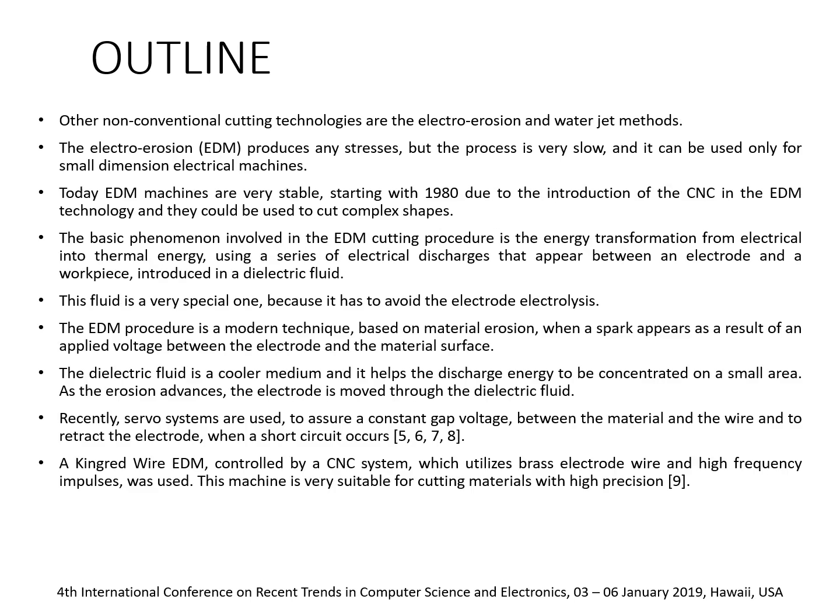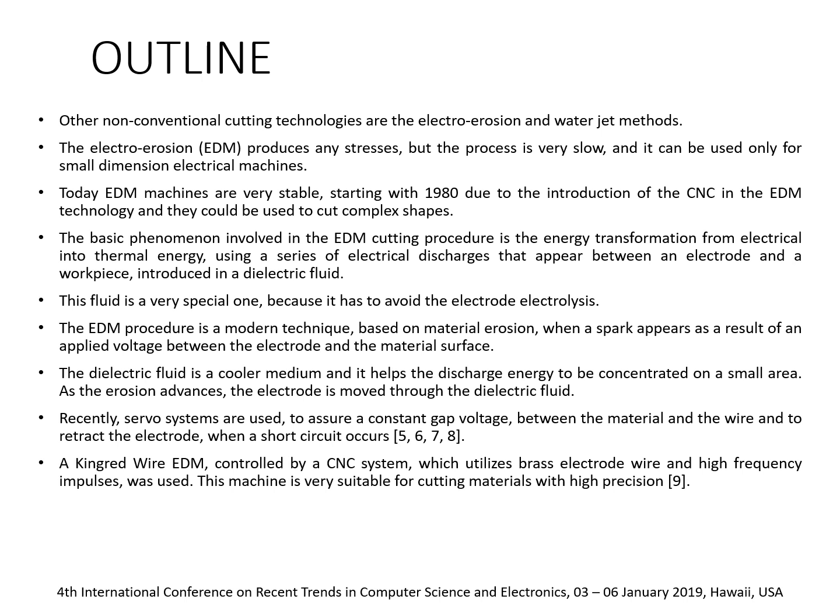Other non-conventional cutting technologies are the electroerosion and water jet methods. The electroerosion produces no stresses, but the process is very slow and it can be used only for small dimension electrical machines. Today, EDM machines are very stable, starting with 1980 due to the introduction of the CNC in the EDM technology, and they can be used to cut complex shapes.